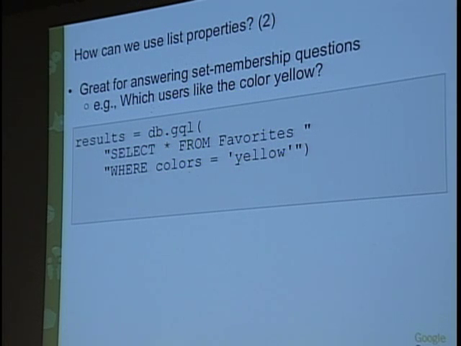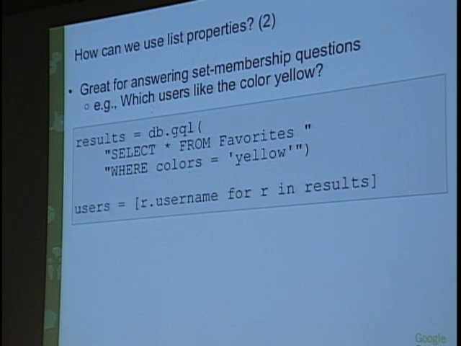And the colors list may, in fact, contain many colors, and only one of them is yellow, but we still get the answer. And the select star gives us all the values. So our query is actually more efficient here than the one-to-many query we saw on the previous slide. What we do is then take the results, and we can grab the username for each and store this in a collection. That's this last line of code.